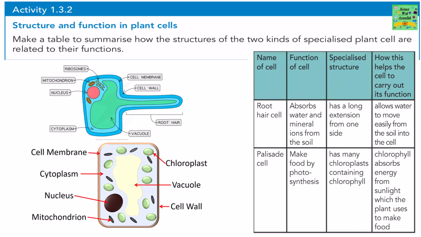It has a long extension from one side, which helps to move the water easily from the soil into the cell, whereas the palisade cell makes food by photosynthesis. It has many chloroplasts containing chlorophyll. Chlorophyll absorbs energy from the sunlight, which the plant uses to make food.